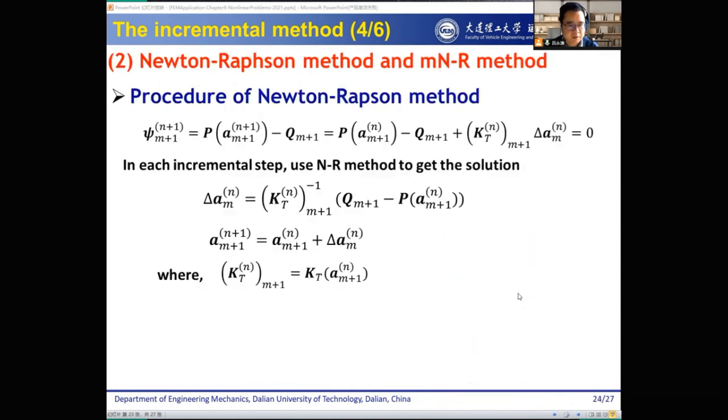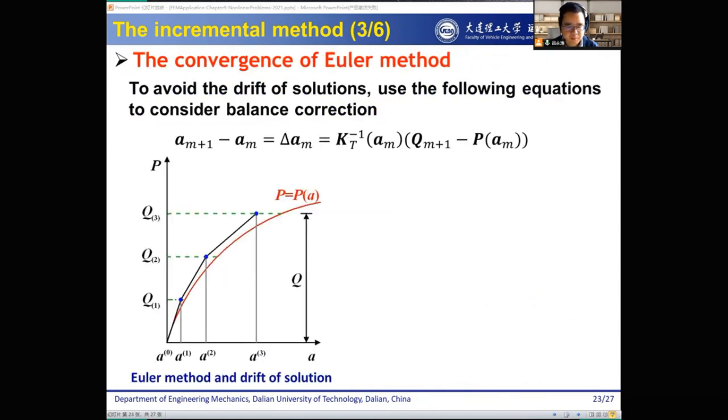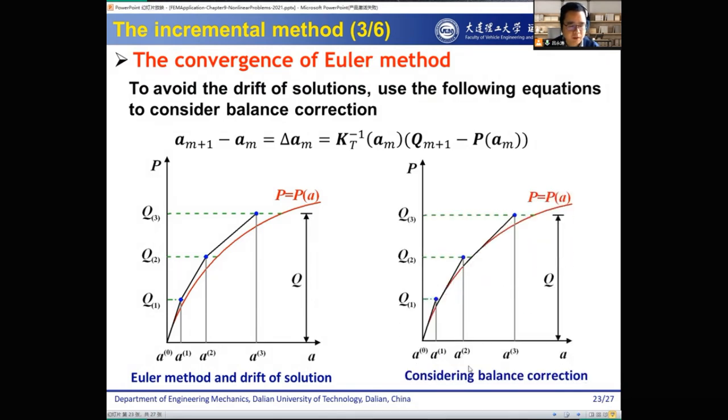And then it's the convergence of the method. For the Euler method, to avoid the drift of the solution, we use the following equation to consider the balance correction. What does the drift of the solution mean?